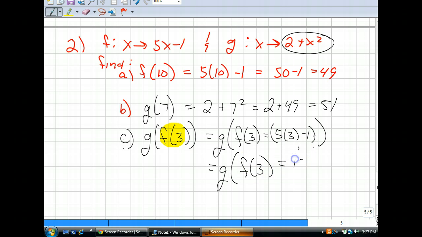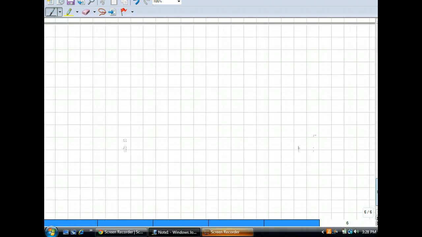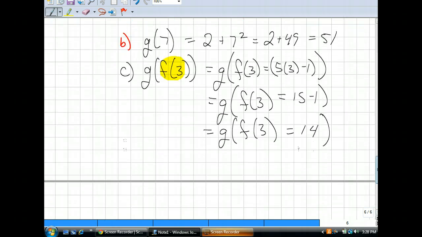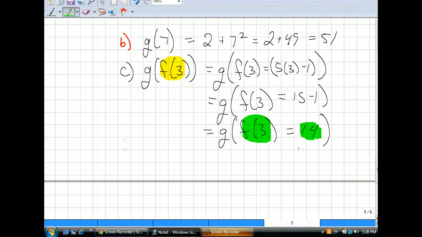Okay, so that's 15 minus 1, or 14. So what this says, remember substitution from geometry, f of 3 is exactly equal to 14.